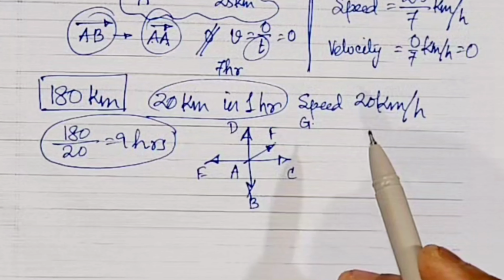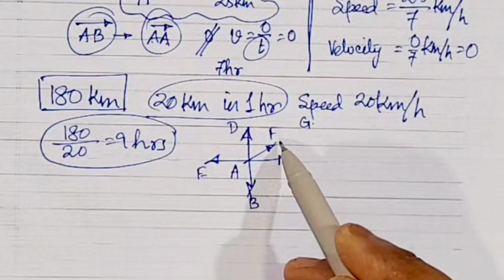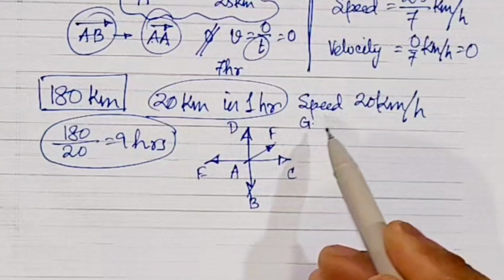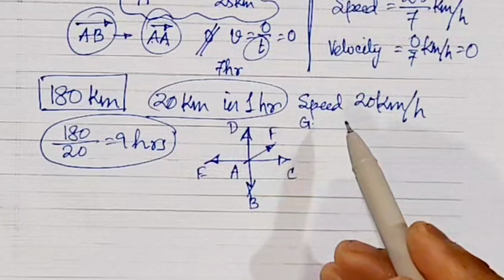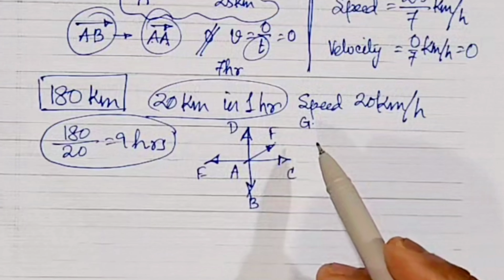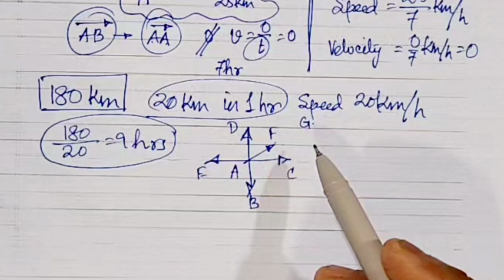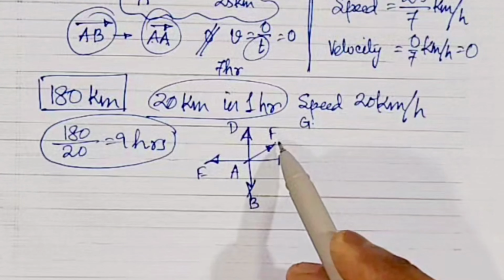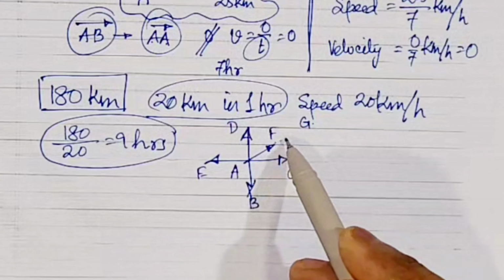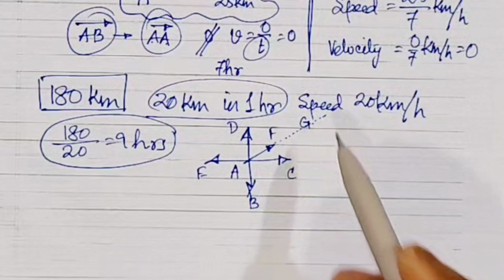One is that we cover the distance at a similar rate, so per hour, let's say 20 kilometers per hour, and in the same direction. So we'll continue in the AF direction and reach somewhere on this line.